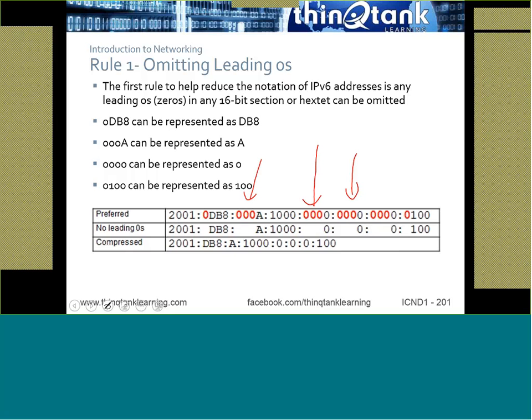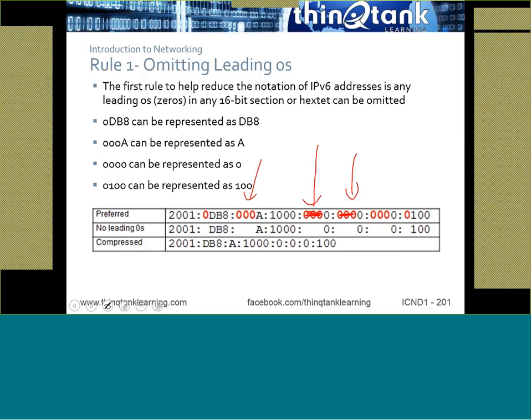Why? Because I know how big a hextet is. It's 16 bits. So if I eliminate these zeros here and these zeros here, it's not that they're actually gone. I'm just not writing them down. I can interpret what those values are, though.